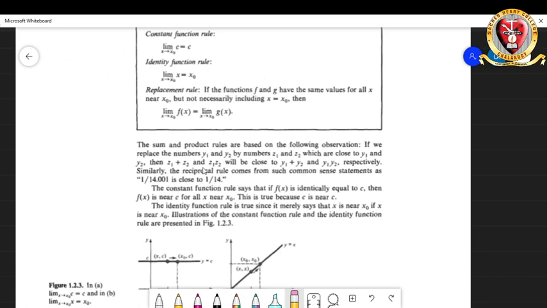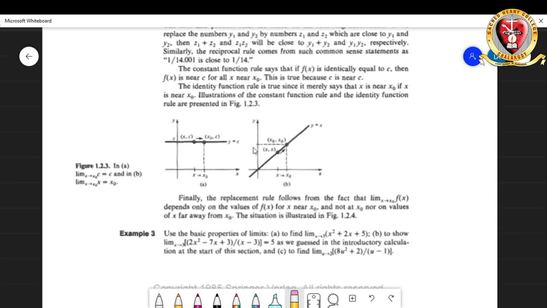Similarly, the reciprocal rule, how did it come? Like if we have 1 by 14.0001, that will be obviously close to 1 by 14. That is the simple logic behind such things. Constant function rule says that f of x is identically equal to c. Then f of x is near c for all x near x naught. And identity function likewise.